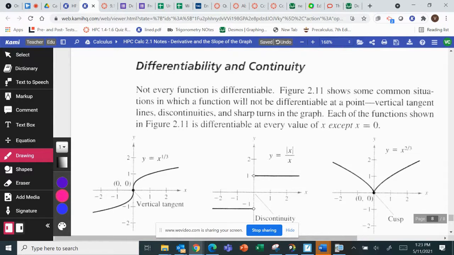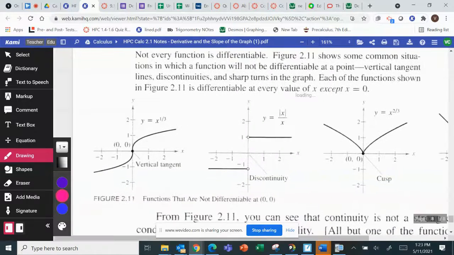Okay, the last part of chapter 2.1, mostly the stuff that we didn't get to, is talking about differentiability and continuity. In these 4 examples, the function is not differentiable at 0, 0. It's differentiable at every value except when x equals 0 for these 4.